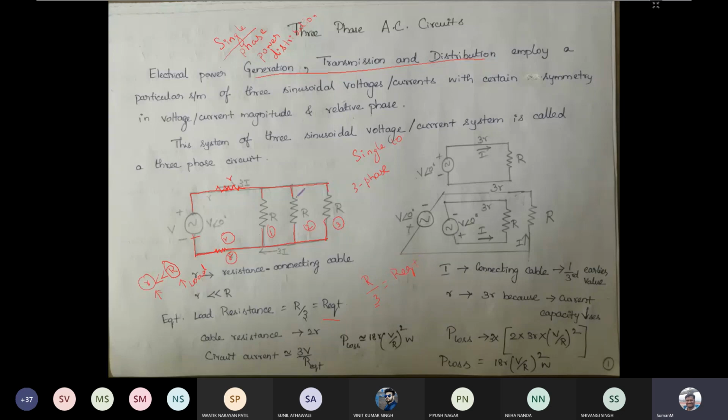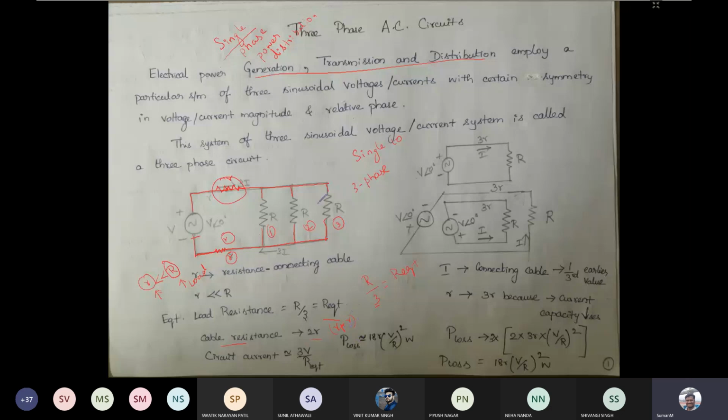The cable resistance is 2r: the top cable has resistance r and the bottom cable also has r, so r plus r gives 2r.